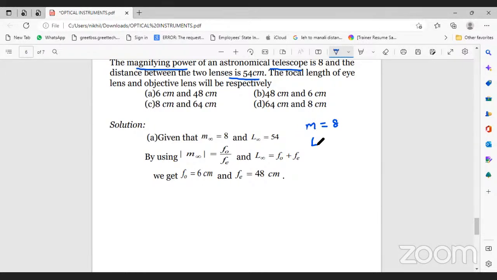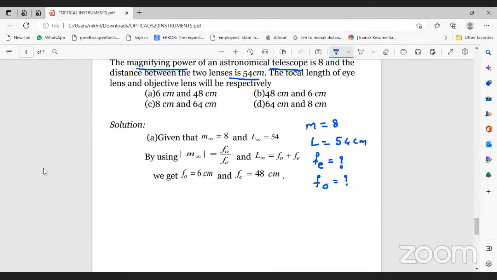Distance between the two lenses means length of the tube, that is 54 centimeter. They are asking you to find the focal length of the eyepiece and also the focal length of the objective lens.